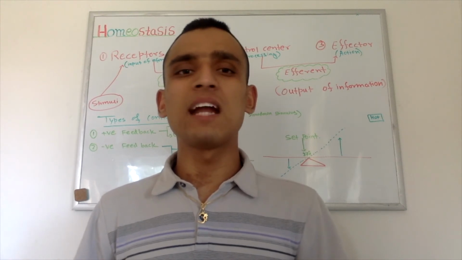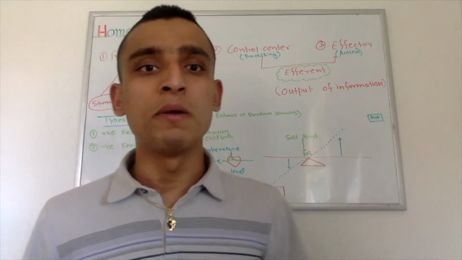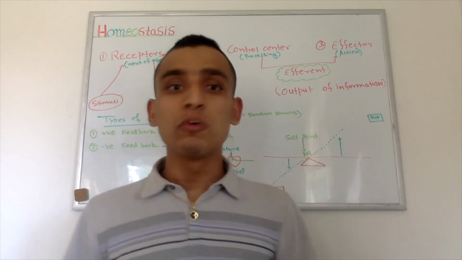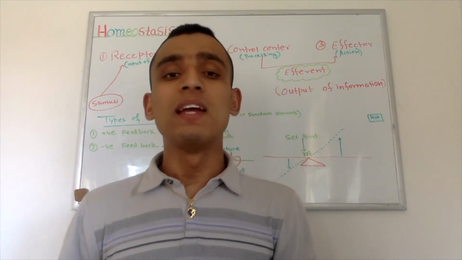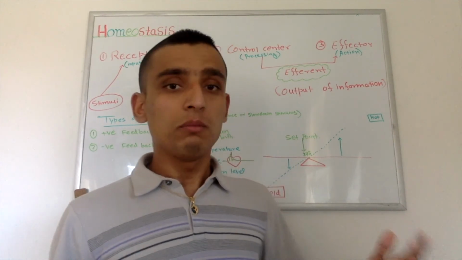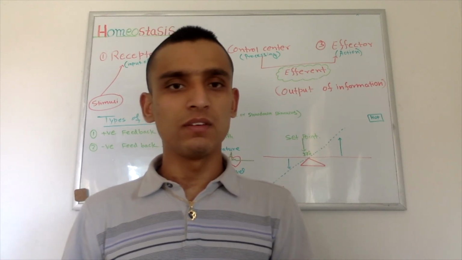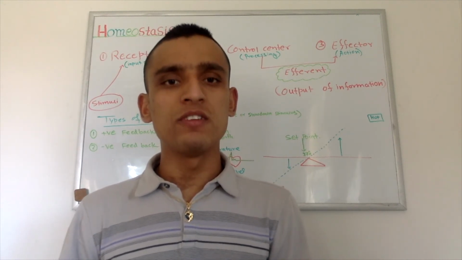Systems are not working, that means you are not functional, right? So that's why homeostasis is very important. Through osmosis or diffusion, a cell to cell diffusion process, you maintain your homeostatic balance, so you need homeostasis. Okay, so that's all about homeostasis.